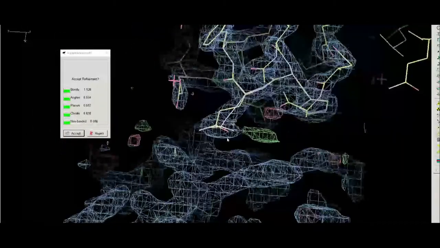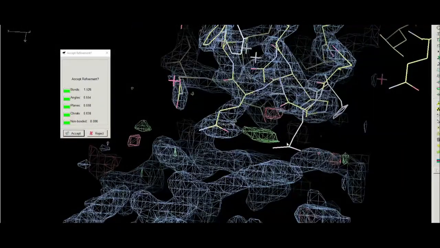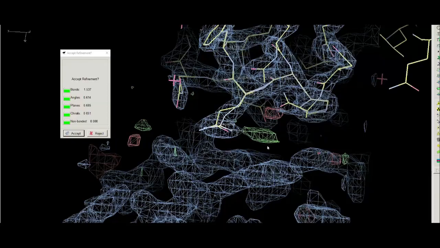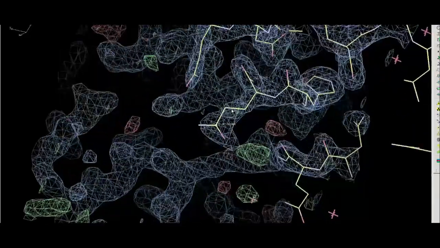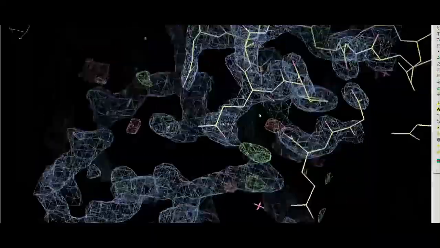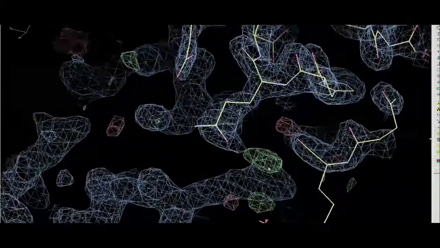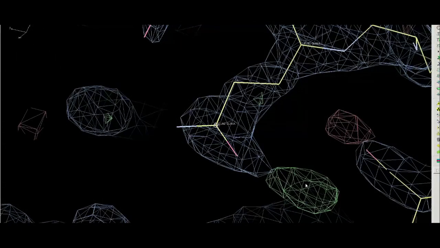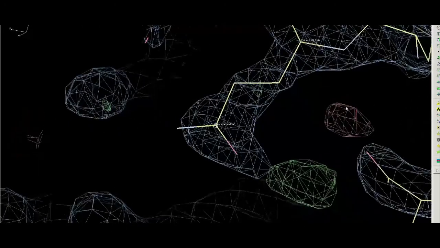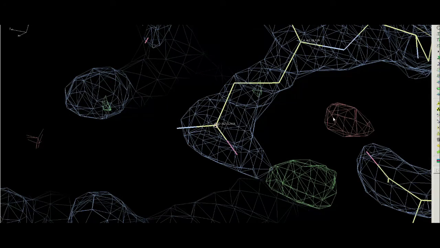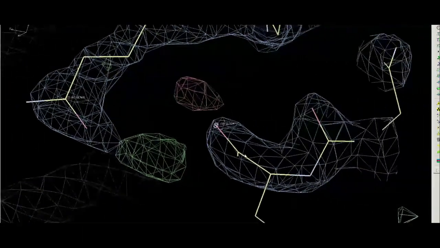It's probably too far outside of the bond angle range, and hence why it was not modeled there in the first place. I mean, you're going to end up getting some noise. So green means that there is electron density data that was found in the actual diffraction data. Red means that there's less electron data than what you are trying to model into it. But this is likely just from noise.